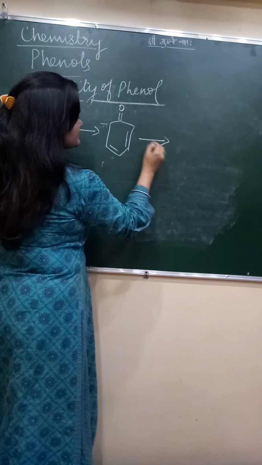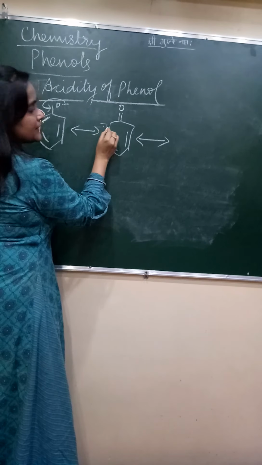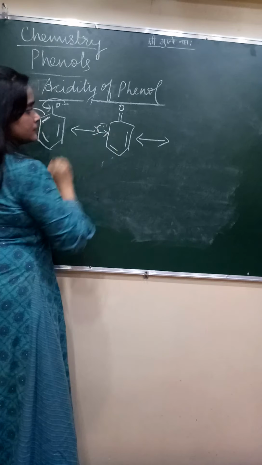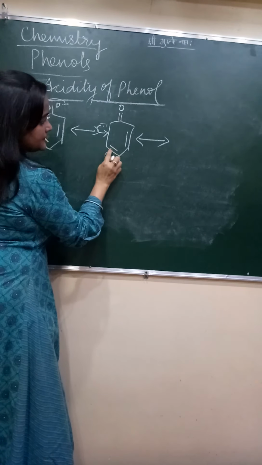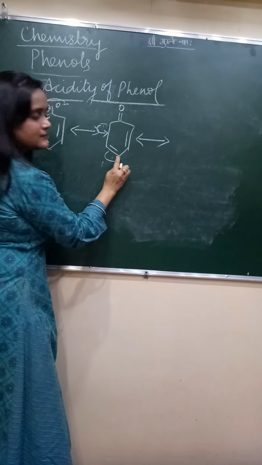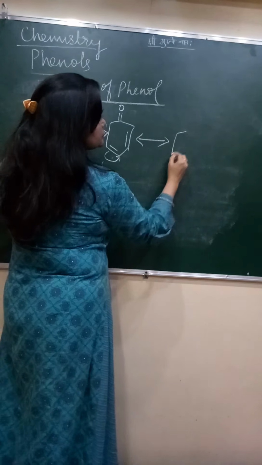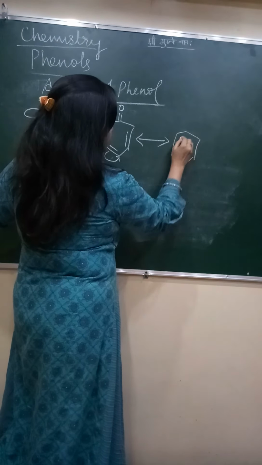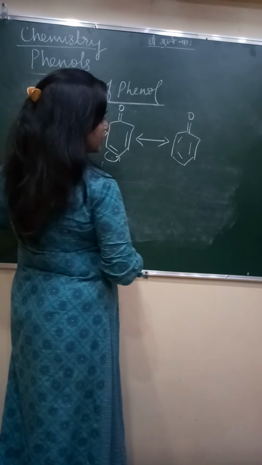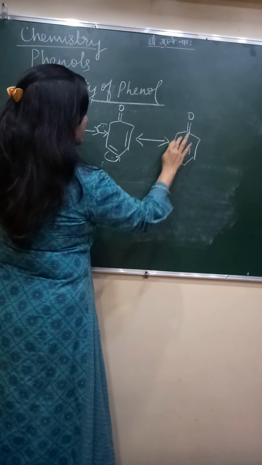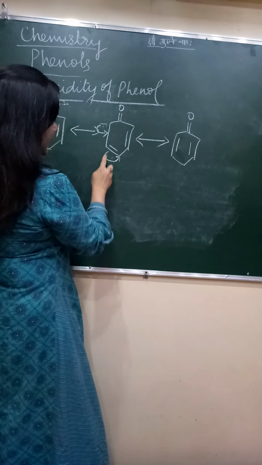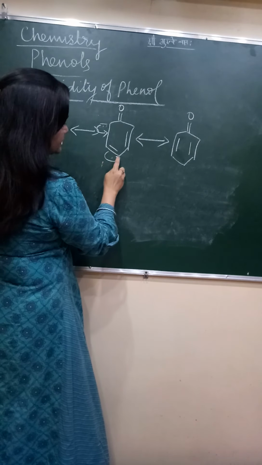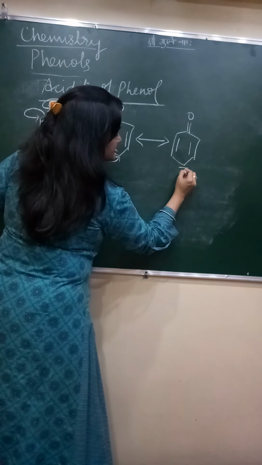Now in the next step, this pair of electrons will come here, and this bond, the pair of electrons, will come to this carbon point, and the structure will form like this. This is the double bond to O. Now, as I told you, this will come here, and a pair of electrons will come to this carbon point like this.